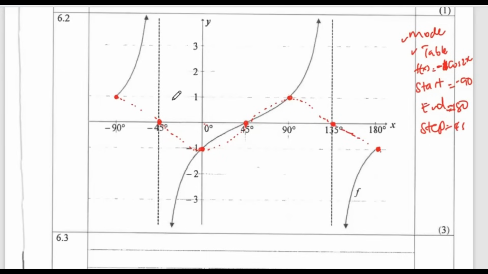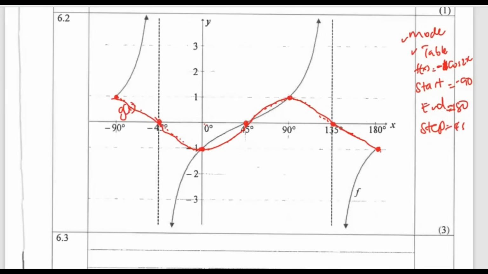It's a graph that you join using freehand. I may not be that accurate, but I'll try, okay? So we have something like that. It's going to turn something like that. Okay, so that is my graph of, we call it g.